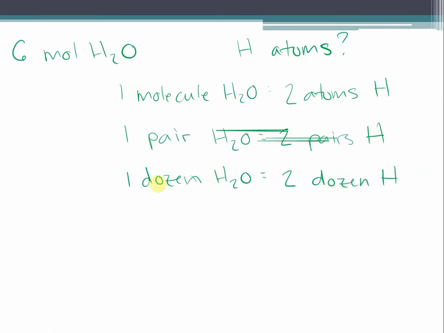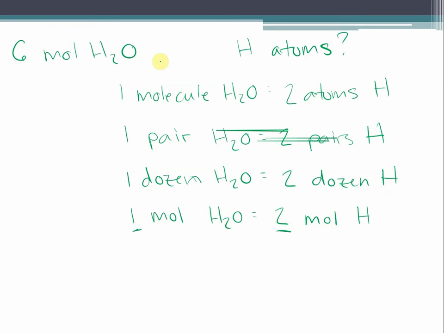Maybe you've already seen where this is going. So we can say that in 1 mole of waters, there are 2 moles of hydrogen. It does not matter what units we are using. It's always going to be the same ratio of 1 water to 2 hydrogens, whatever we're doing.